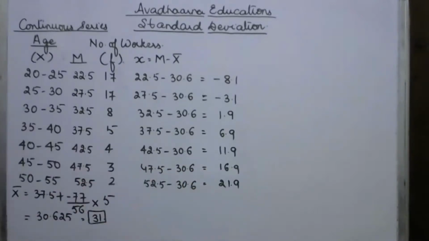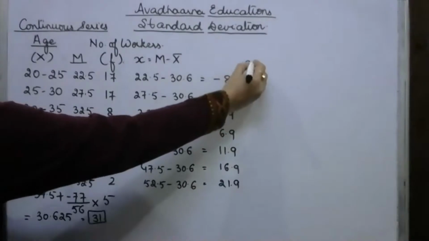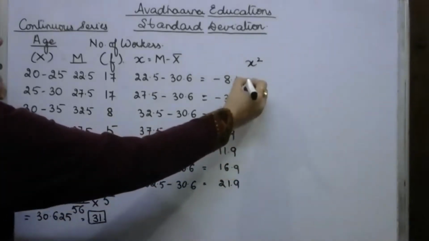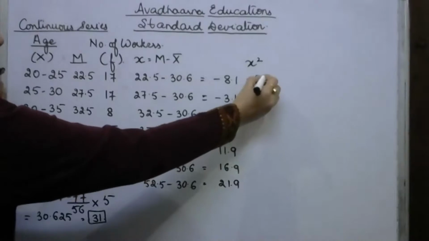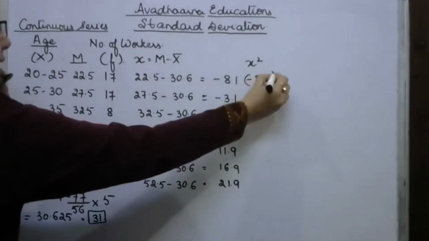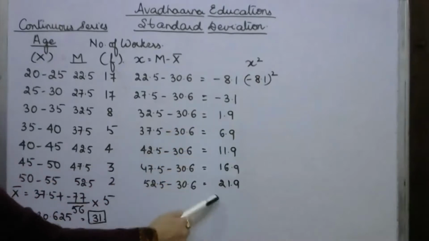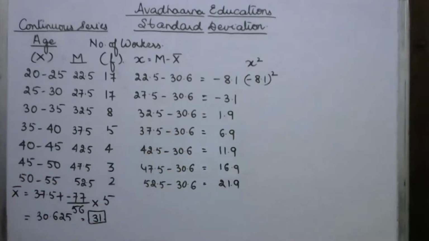Next step is to calculate the square of these deviations, that is small x square. First case, it is minus 8.1 square. Likewise, we are going to calculate the square of all these deviations.